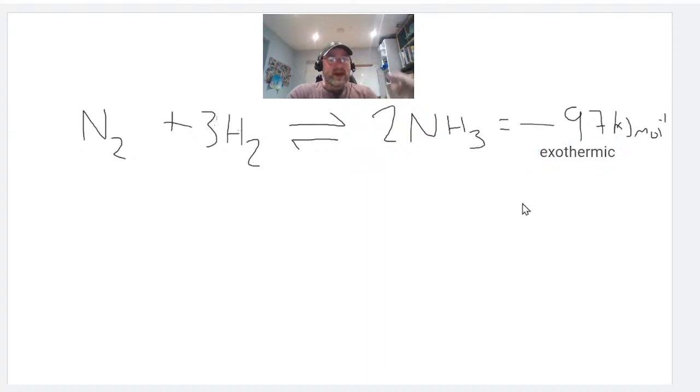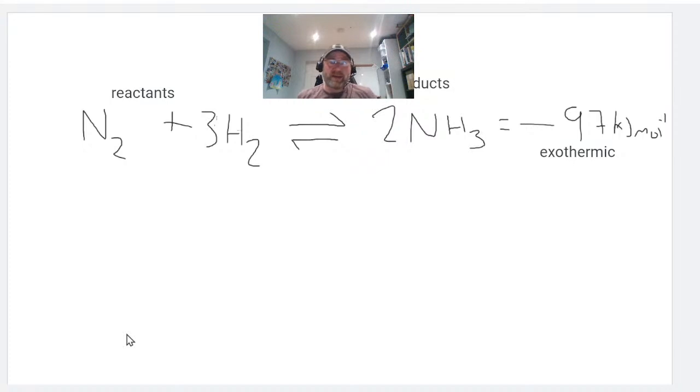It's an exothermic reaction. On the right hand side I have my products, and on the left my reactants.